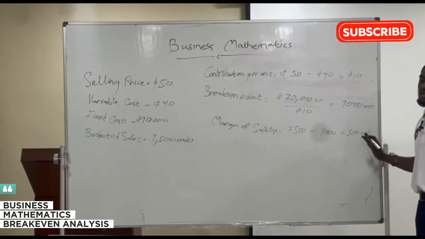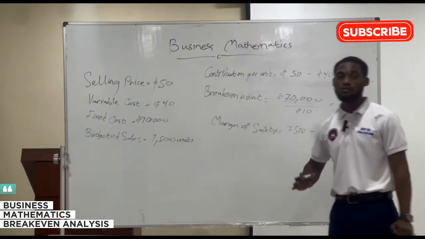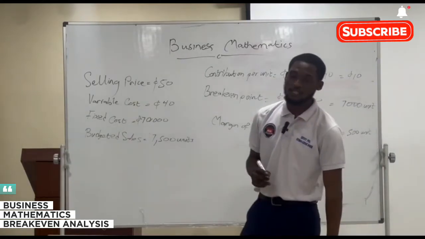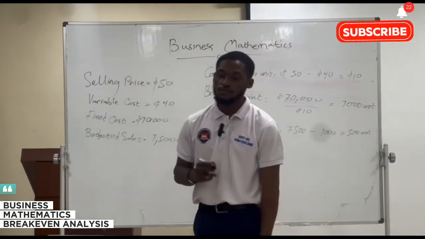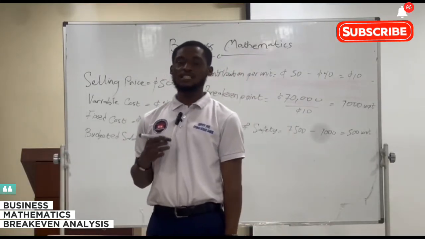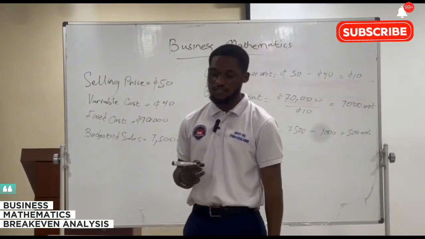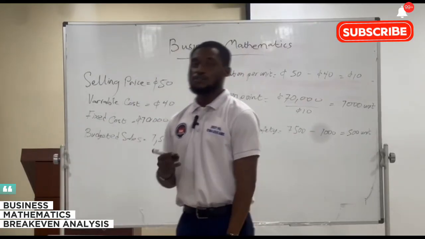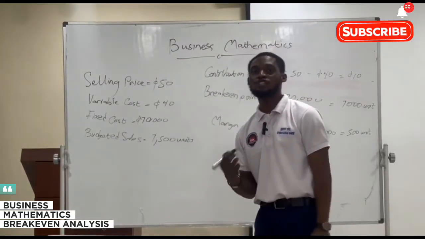It's in units. A question can go ahead to tell you to find margin of safety in monetary terms. When a question is given to you to find margin of safety in monetary terms, you first find the margin of safety in units.